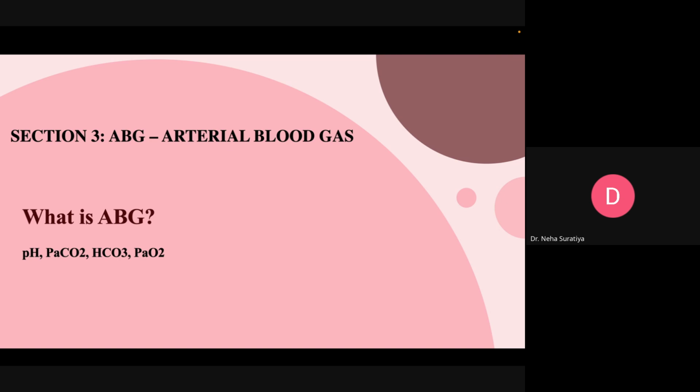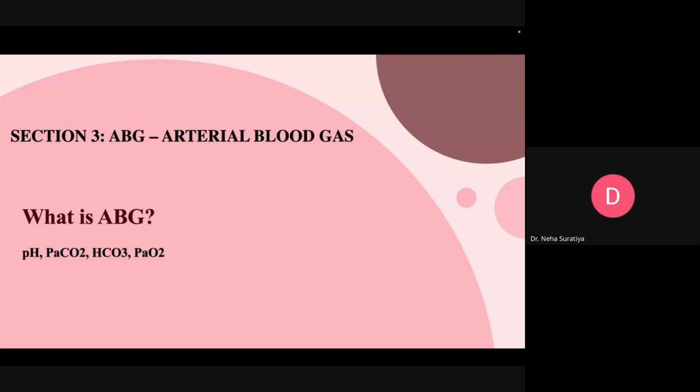Now this ABG, arterial blood gas, gives a real-time picture of respiratory and metabolic status. The whole respiratory picture it will show you, and the whole metabolic status it will show you, this ABG report. You might have an idea about it, or it might be new to you, but whatever the situation, please understand this in detail, because many students have no idea about ABG.